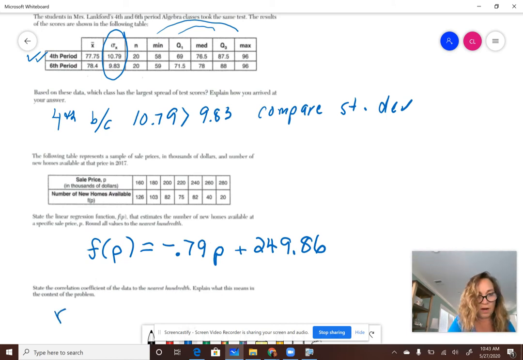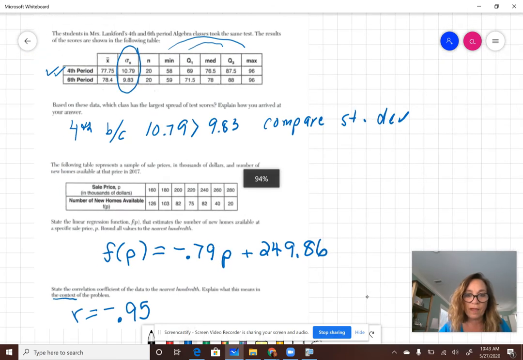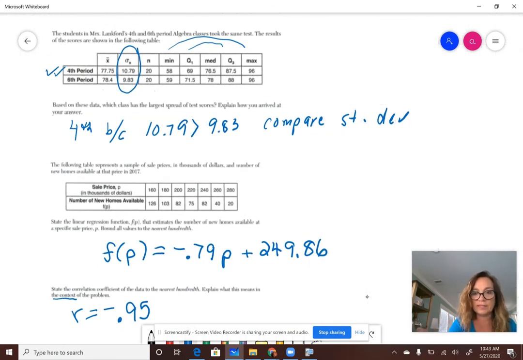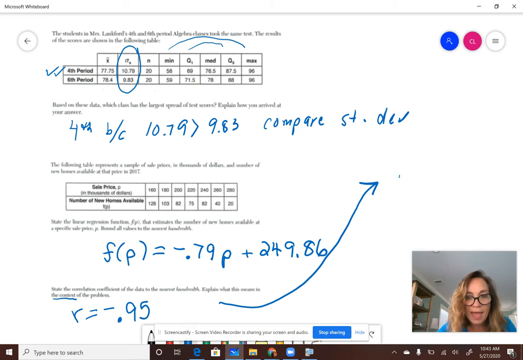State the correlation coefficient of the data to the nearest hundredth as well. Okay, so the R is equal to negative 0.95. Explain what this means in terms of the context. So I got to use words that match. I'm going to kind of arrow up here because I didn't really plan properly. So what does this mean in terms of the context?